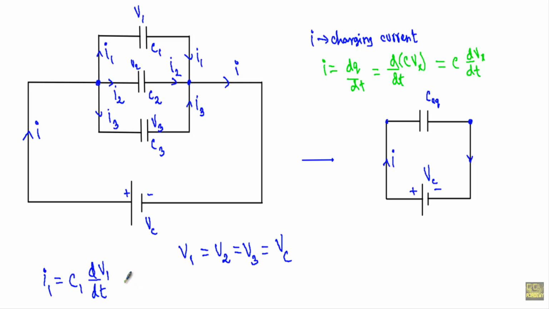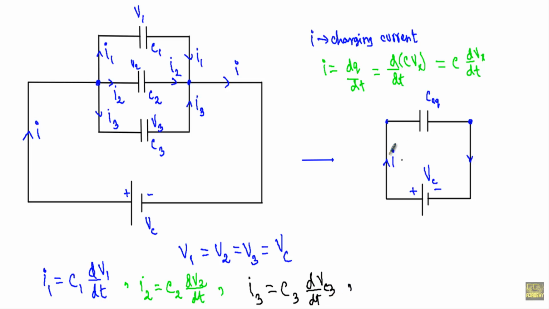Now what will be the equation of I2? I2 will be equal to C2 dV2 by dt. Now what will be the equation of I3? I3 will be equal to C3 dV3 by dt.